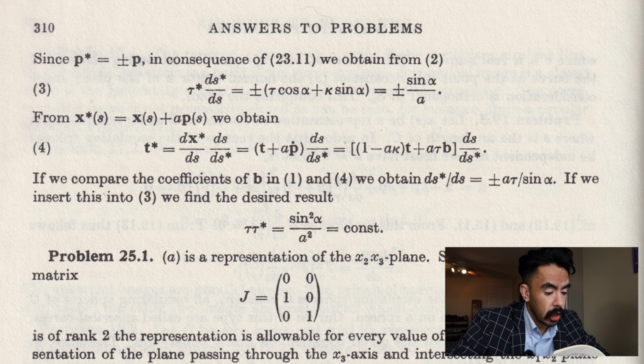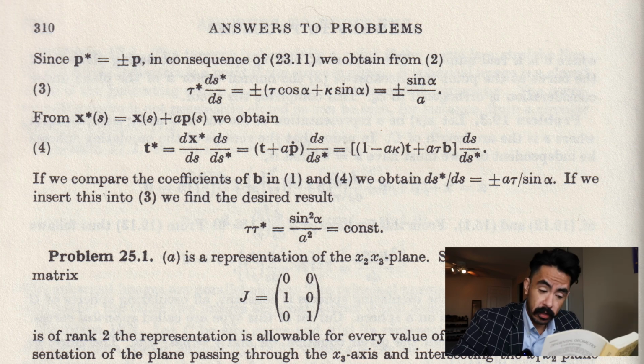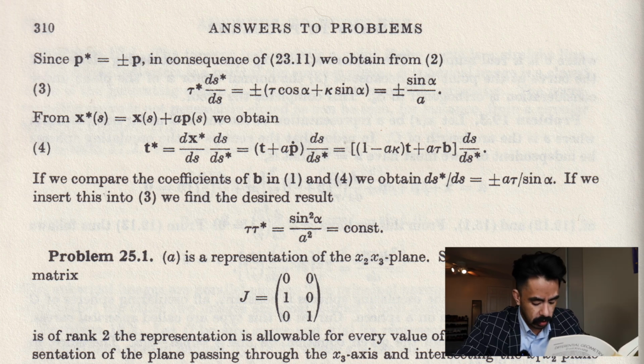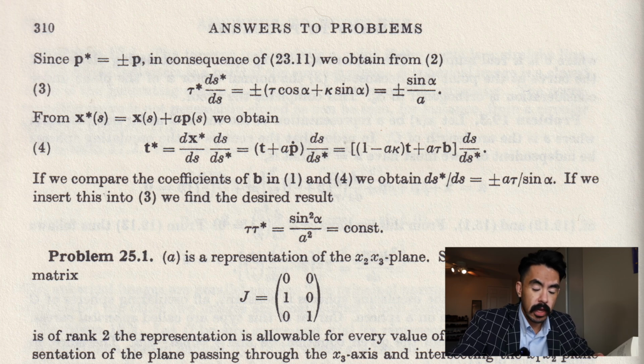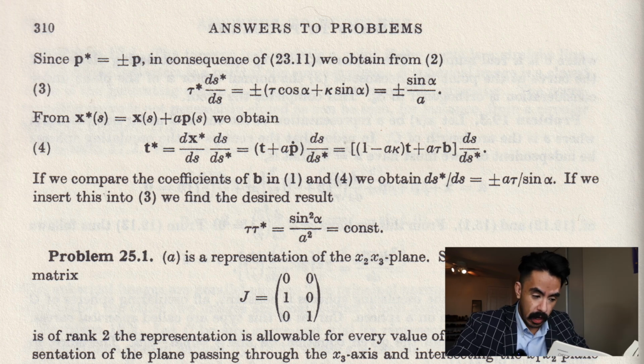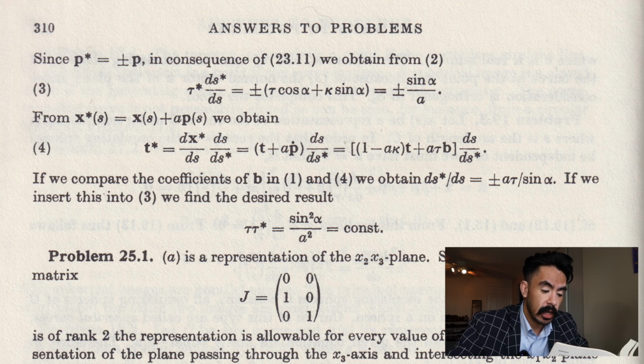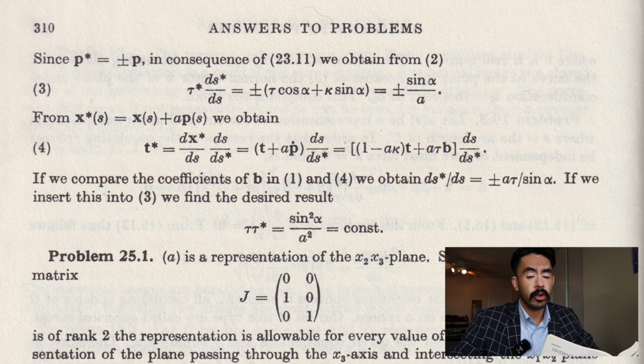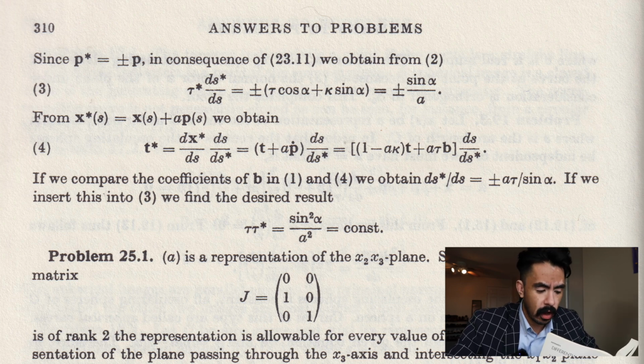Since vector p star equals plus or minus vector p, then in consequence of kappa plus tau times cotangent of alpha equals 1 over a, we obtain from the derivative in terms of arc length of b star, which we just stated, that tau star times ds star/ds is equal to plus or minus quantity tau times cosine of alpha plus kappa times sine alpha, closed quantity, equals plus or minus sine alpha over a.